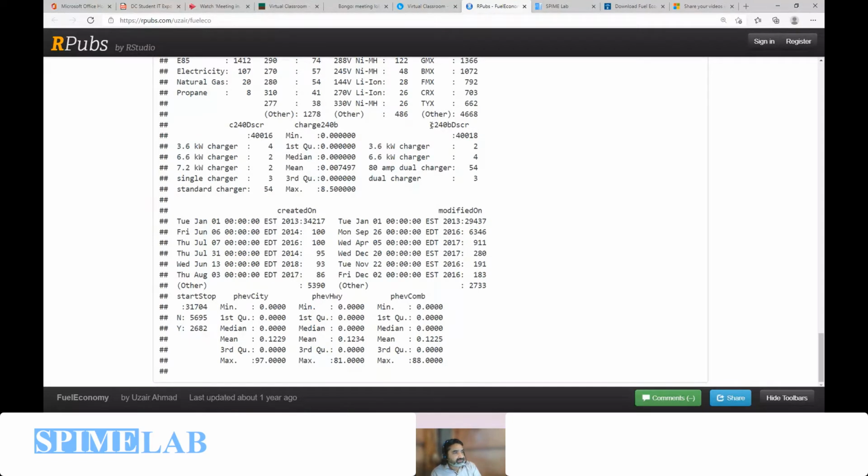If your variable is not numeric but categorical, it contains values that are categories. For example, the description of the C240B description variable has different categories: 3.6 kilowatt charger, 6.6 kilowatt charger, 80 ampere dual charger, and some values that are unspecified. So this kind of categorical variable will be captured in terms of the frequency, or the number of examples that fall in each category.